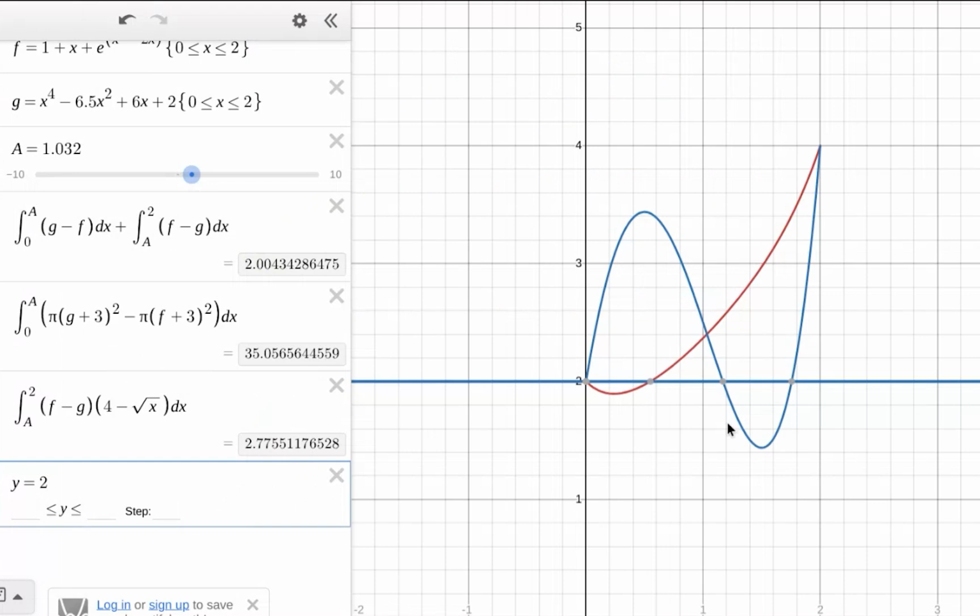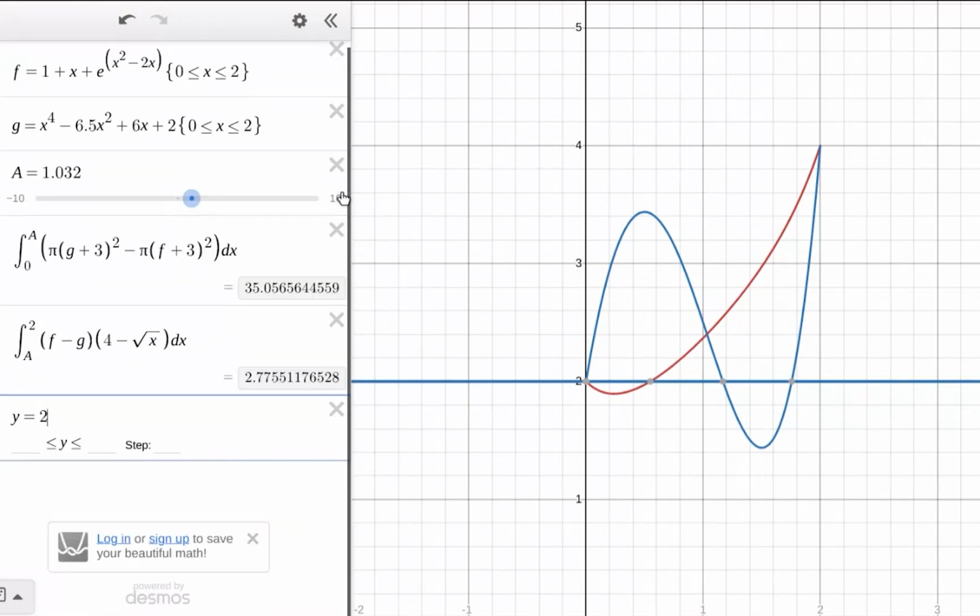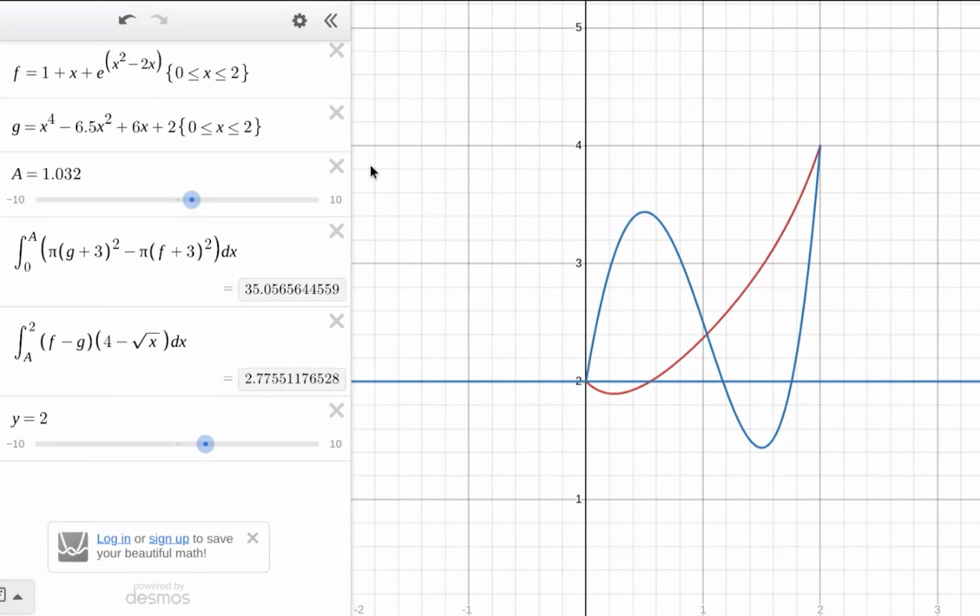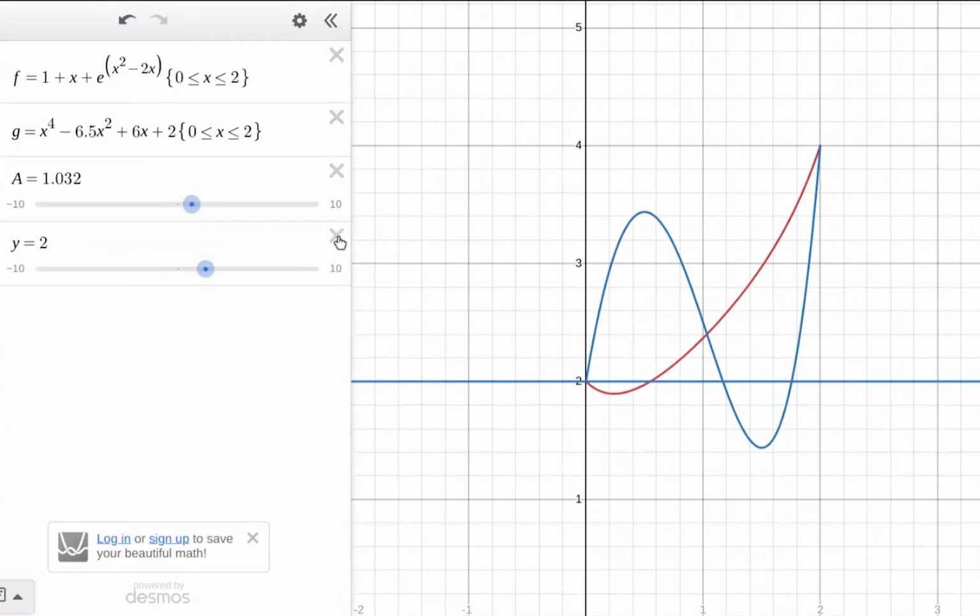So let's go ahead and I'm just going to get rid of some of these, just to give a little bit more space here. Oh, no, we kind of do want that y equals 2, don't we? So we can see a little better. Okay, so we've got the integral from, let's just hover over here to see, 1.168 to 1.755.